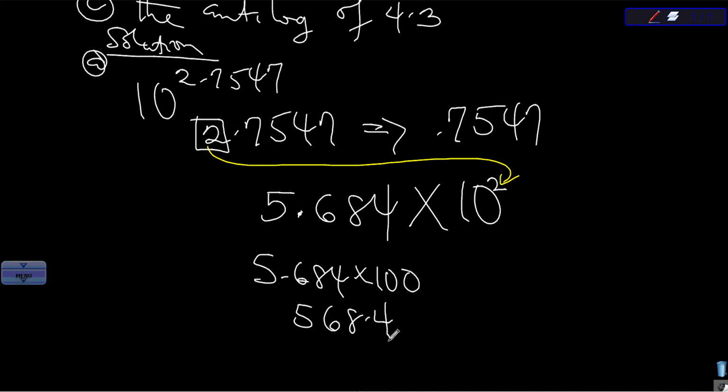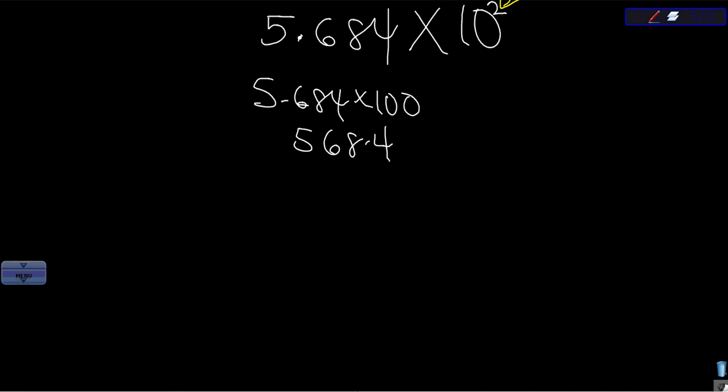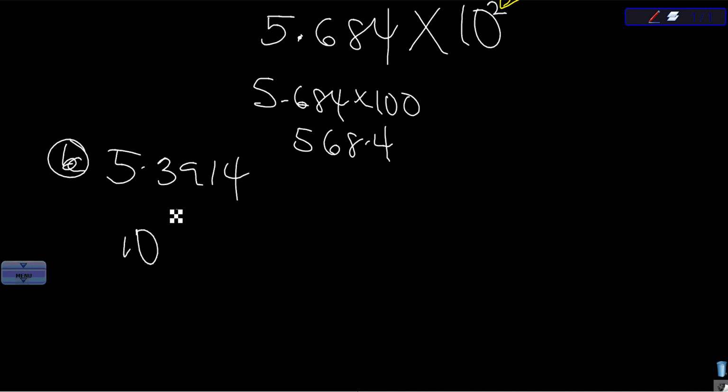For the second part, which is the second question under this example, you have to find the answer for 5.3914. They twisted the question by saying the number whose logarithm is this. So antilog is the same thing as saying 10 raised to the power 5.3914.